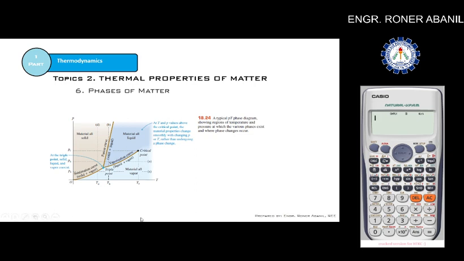So, dito naman sa line B, itong line na to, ito naman yung nagpe-present ng compression at constant temperature TB. Okay? So, the material goes from vapor to liquid and then solid at the points where the line crosses the vaporization curve and the fusion curve. Okay?